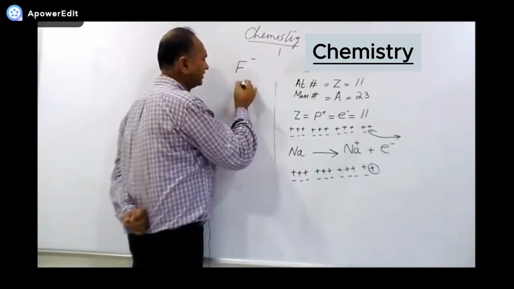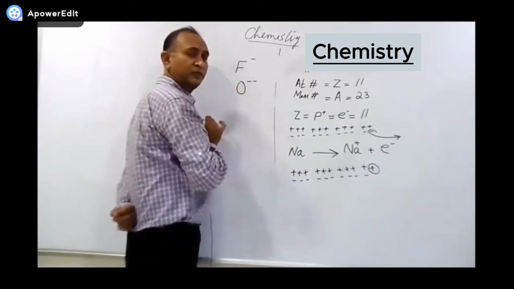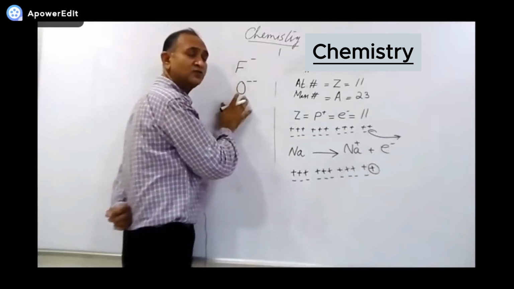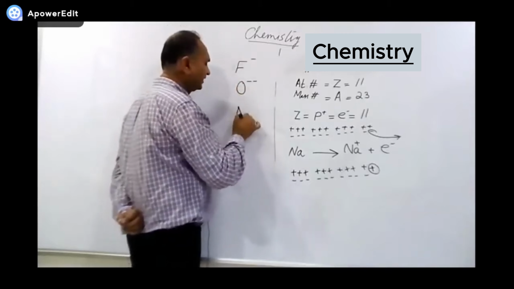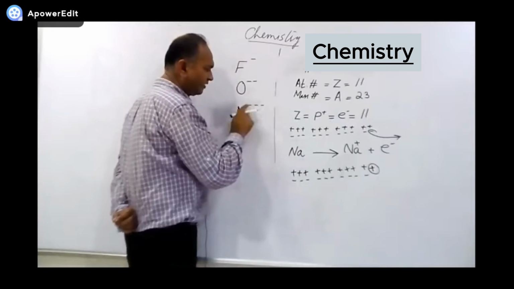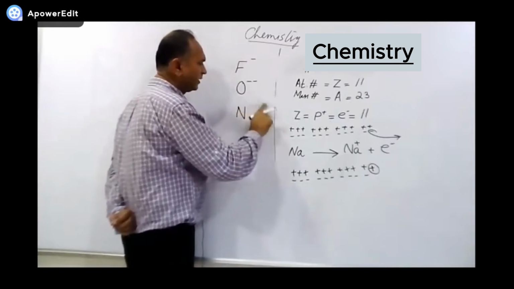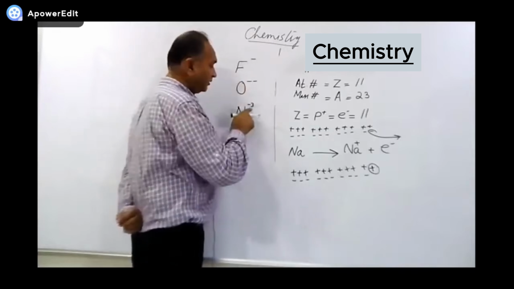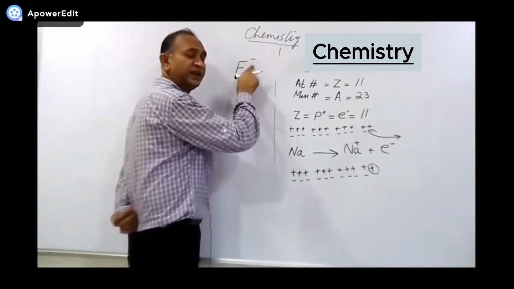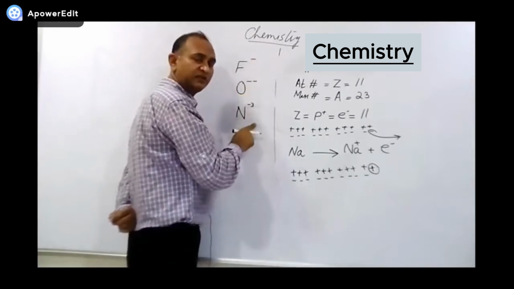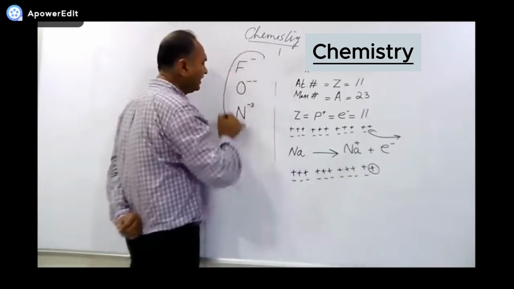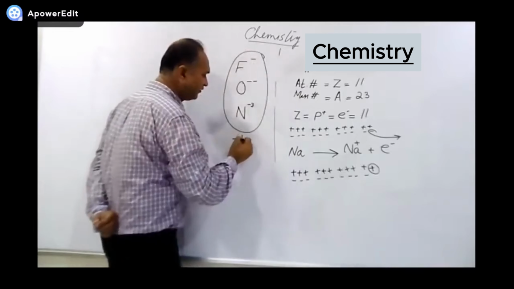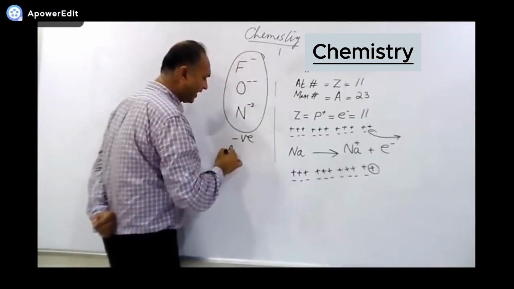If it's like this, it means it has absorbed 2 electrons. If it's like this, you can write like this, or in a simpler way. So 1 electron gained, 2 electrons gained, 3 electrons gained. All of these are negative charges and are called anions.